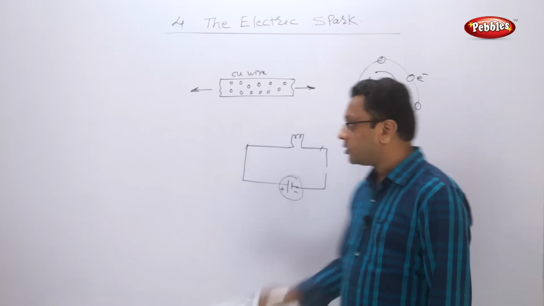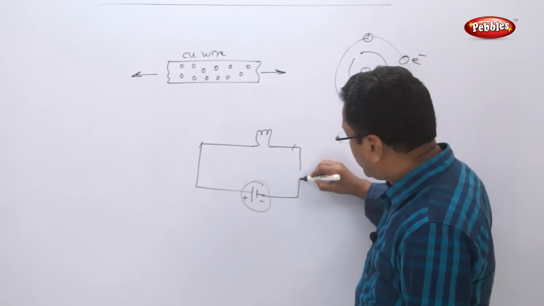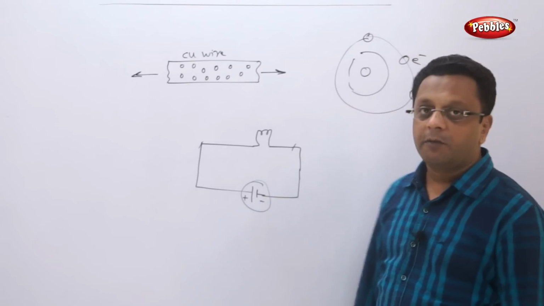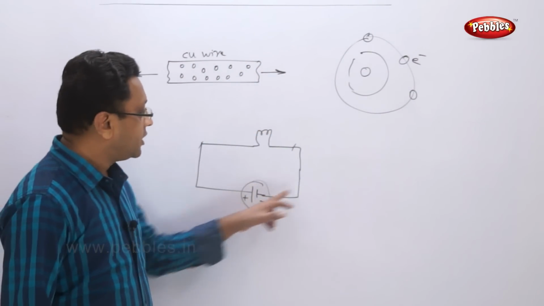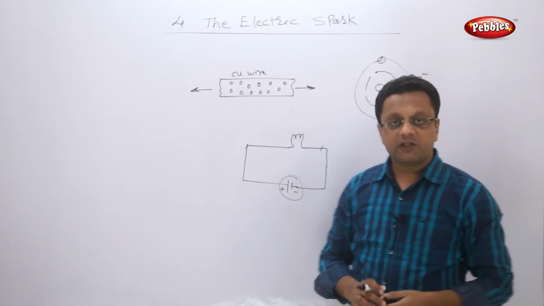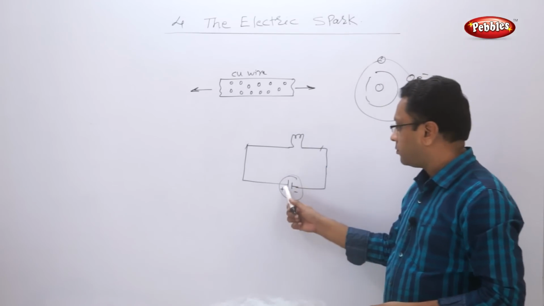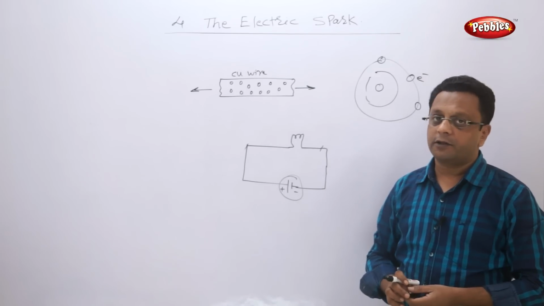Why? Because the circuit is broken, the path is broken. But as soon as I join this path, immediately the electrons start moving. These negative and positive levels are maintained, and electrons start flowing towards the positive end. So that will be the flow of current.